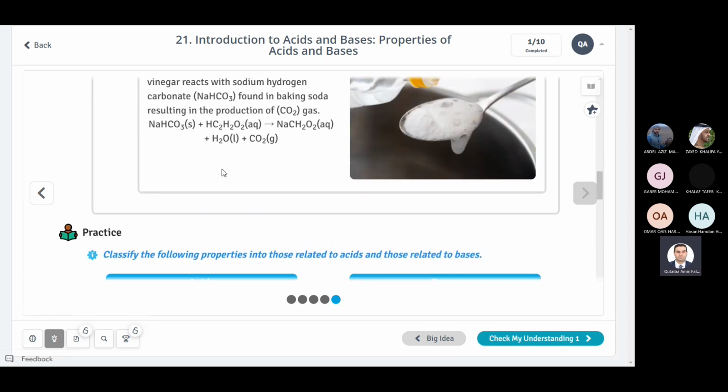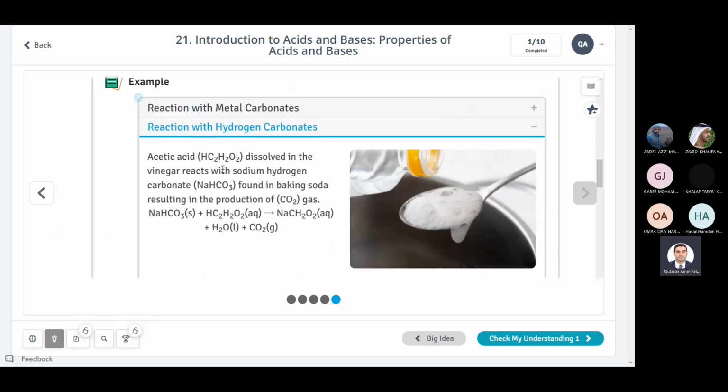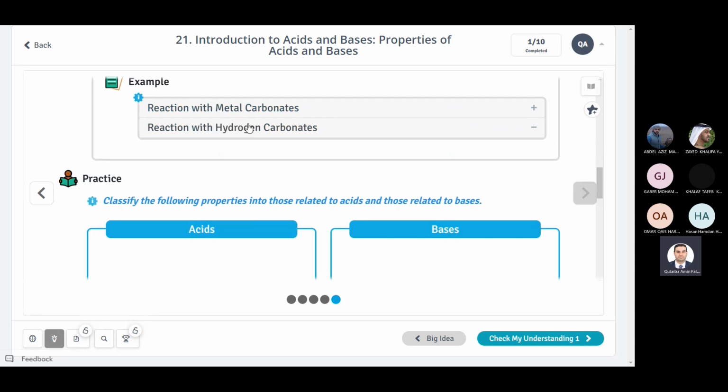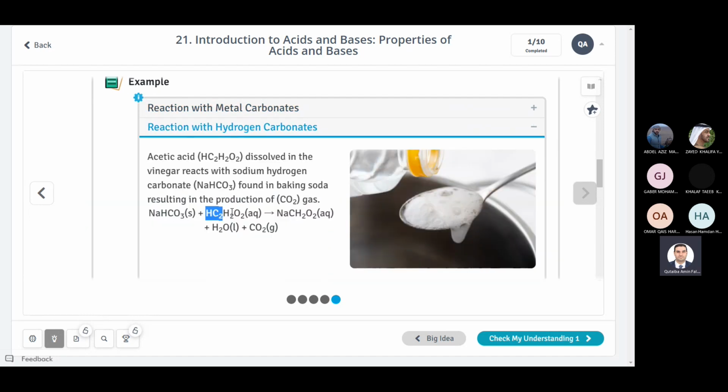The reaction with hydrogen carbonates. Hydrogen carbonates are different from metal carbonates. Metal carbonate has Ca, a metal. And hydrogen carbonate has hydrogen with carbonate, like NaHCO3.